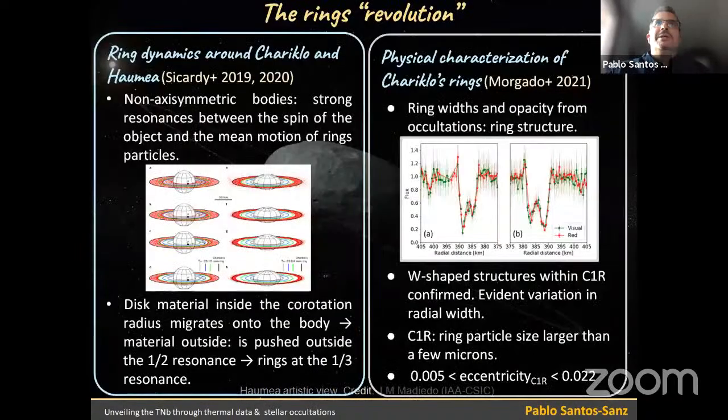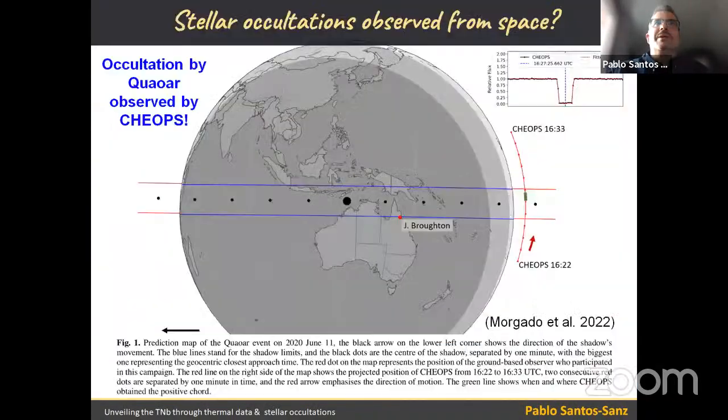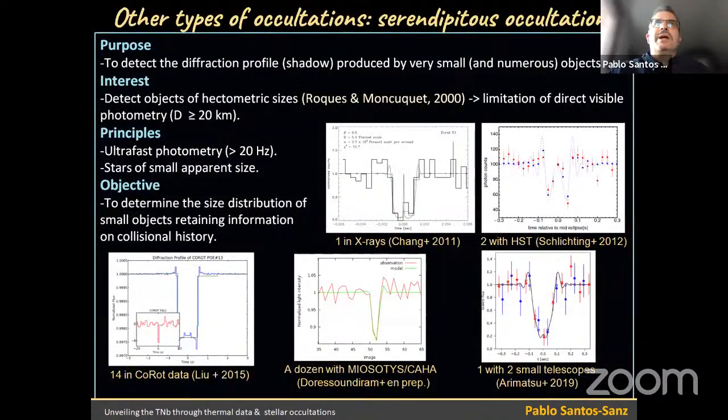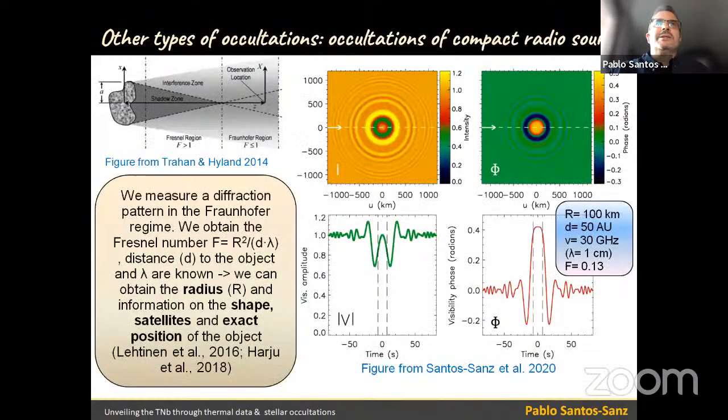It's close to the end of the presentation, I think. Yes, I did this slide for SKA, because when I studied this thermal emission, we also studied the possibility to observe stellar occultations produced by a TNO occulting a radio source. But sorry, continue, Julio.